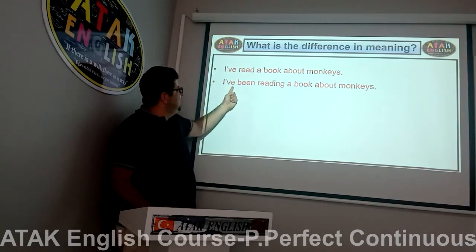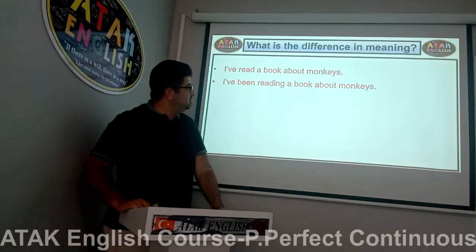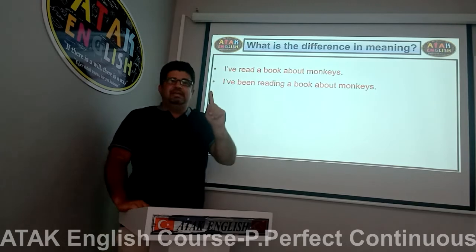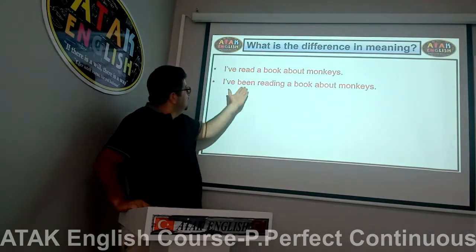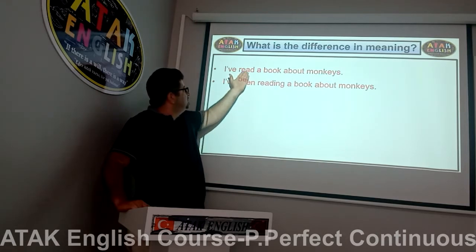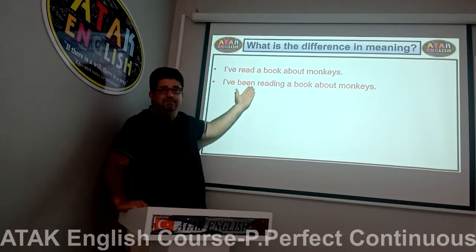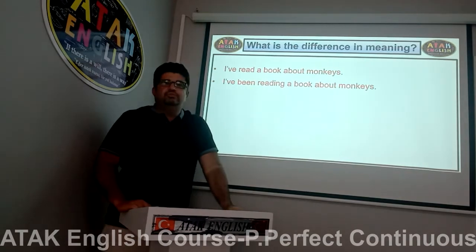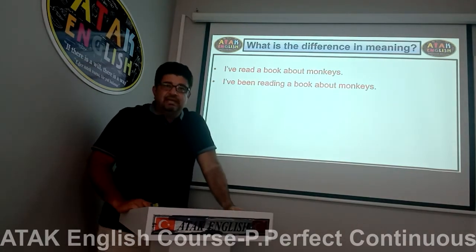Second sentence is in present perfect continuous. Okay, what do we see as difference in meaning? I can also already see the difference in format. Why? Because the first one is present perfect, the second one is present perfect continuous. But what about the difference between these two sentences in meaning?